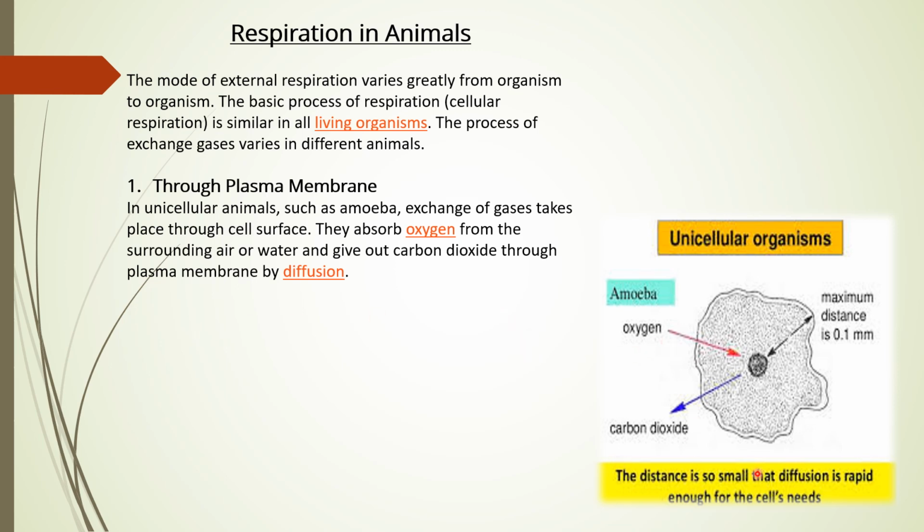unicellular organism, this is the diagram I am showing of the amoeba. You know very well amoeba is a single-celled organism. Just the outer membrane, or you can say the plasma membrane, participates in this process. Due to diffusion, if the amount of oxygen is less inside the amoeba body and more in the environment, there is a flow of oxygen from high concentration.